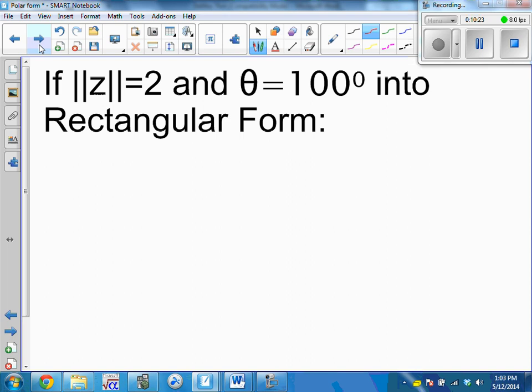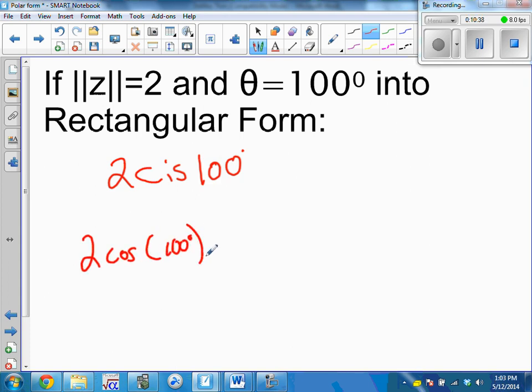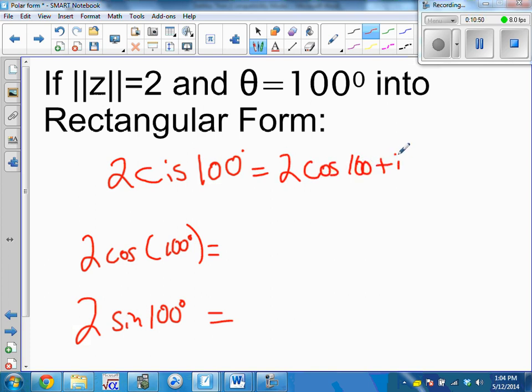Okay. Now, if I have it the other way, if I have 2 cis of 100, I've got to write it in rectangular form. Well, just like before, I would do 2 cosine of 100, 2 sine of 100, because remember this is equal to 2 cosine of 100 plus i sine of 100.